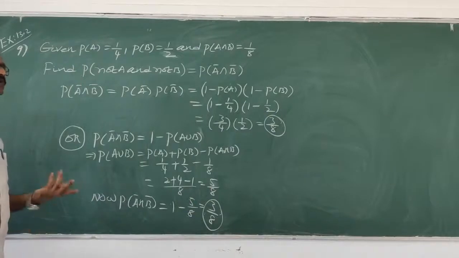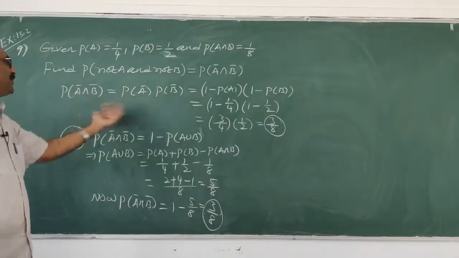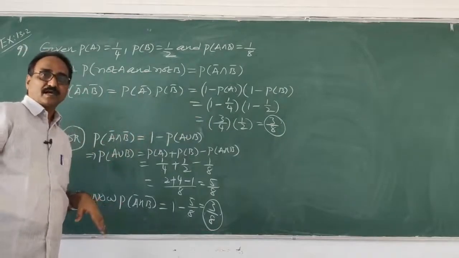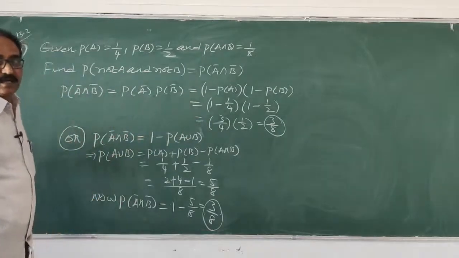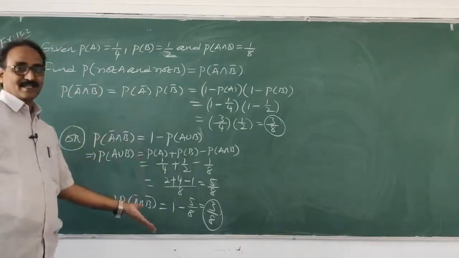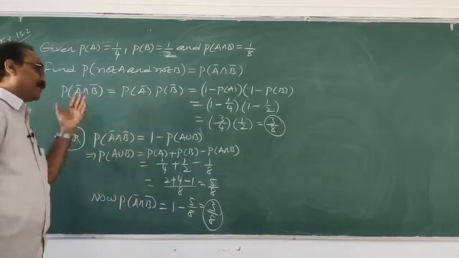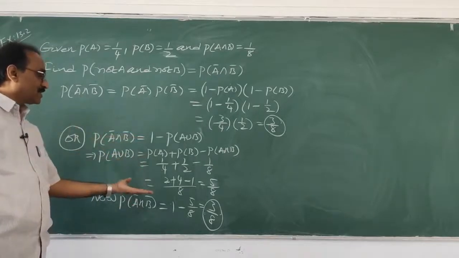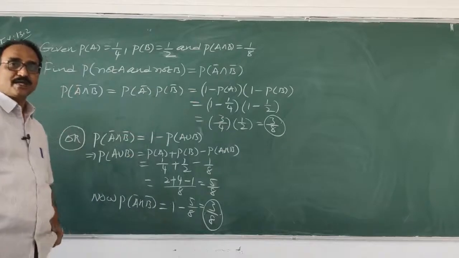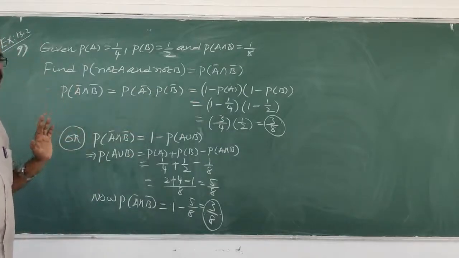So if you are not able to find out whether they are independent: if they are independent, this is very easy. In any case, if they are not independent, you can do it like this. If they are independent you can also do it like this, but instead of finding A union B and subtracting, you can directly use P of A and P of B. My dear students, you must be careful.